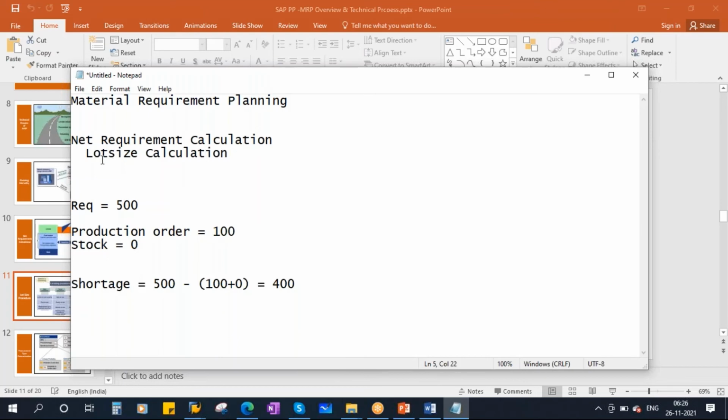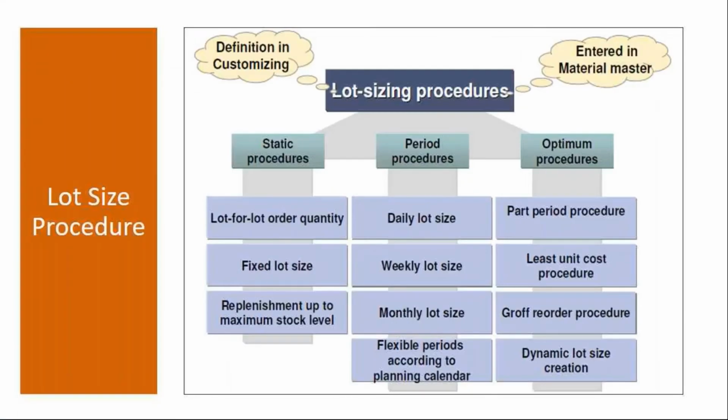So what system does is system will go to the lot sizing procedure maintained in the material master for that material. And it will check what the lot sizing procedure is. Accordingly, it will calculate the quantity.